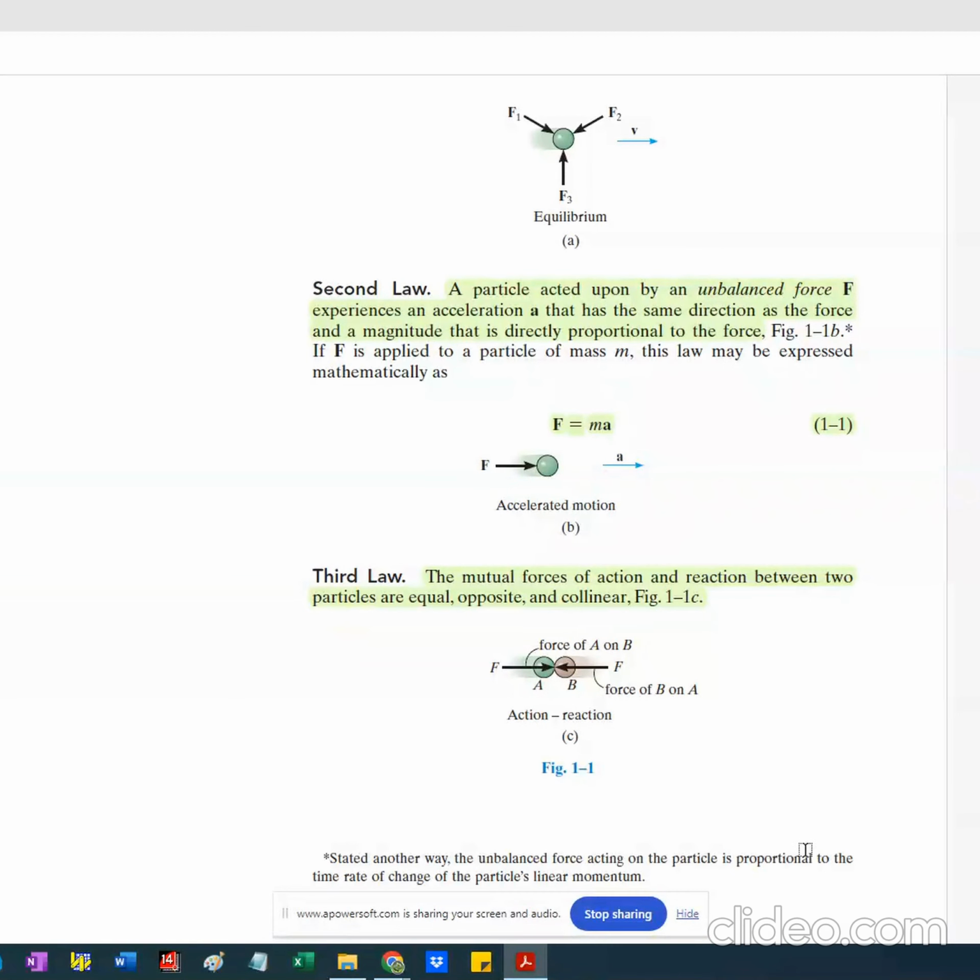In the case of a vehicle that is moving at constant speed, we have a balance, an equilibrium, between the friction force of the driving wheels and the air drag and rolling resistance. So those are in equilibrium, and we have constant velocity.